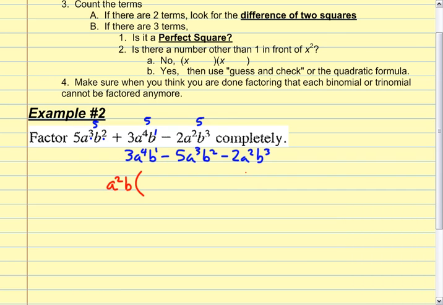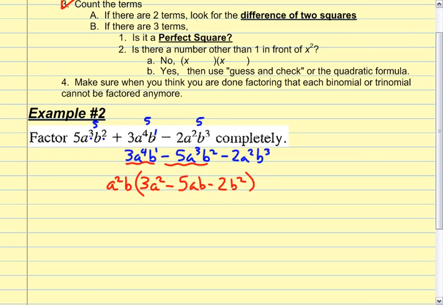And then what's left inside? Well, 3A squared, when I multiply those two, I get this, minus 5AB, that'll give me this, minus 2B squared.